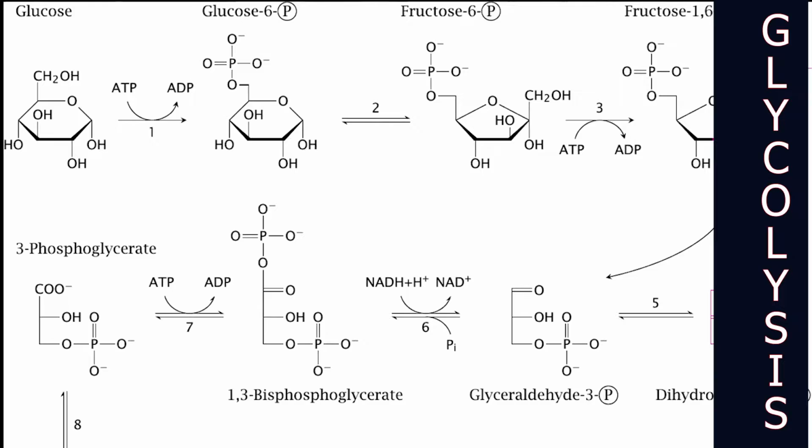To break down the glucose, activation energy is needed. So glucose is added with 2 phosphate groups in 2 steps. In the first step, glucose is converted into glucose 6-phosphate with the utilization of 1 ATP molecule. This glucose 6-phosphate is isomerized into fructose 6-phosphate.